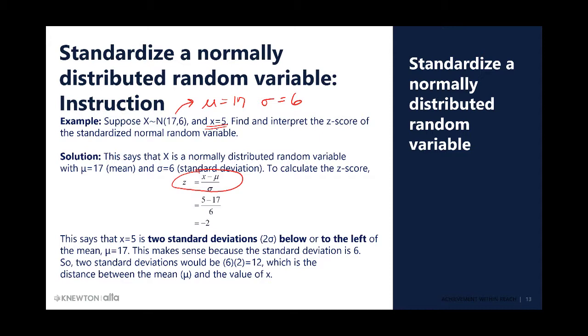If your z-score is positive, that means you lie above the mean or to the right of the mean. If your z-score is 0, that means you are exactly the same as the mean. So in our case, the z-score of negative 2 means our data value, x equals 5, is 2 standard deviations to the left of our mean, or 2 standard deviations below our mean.